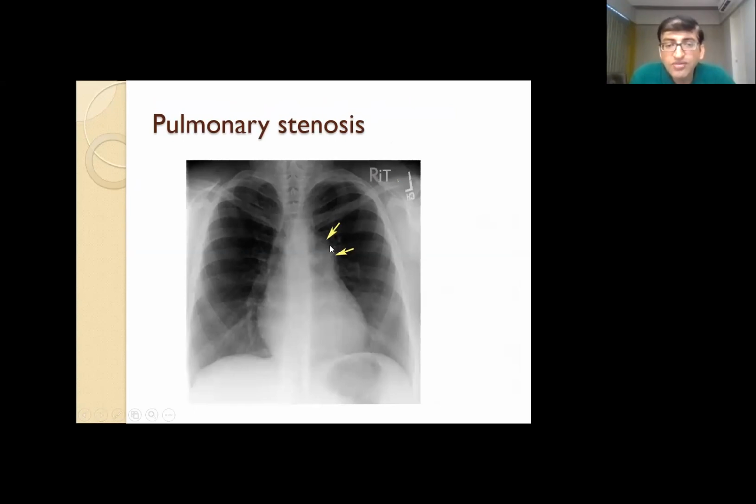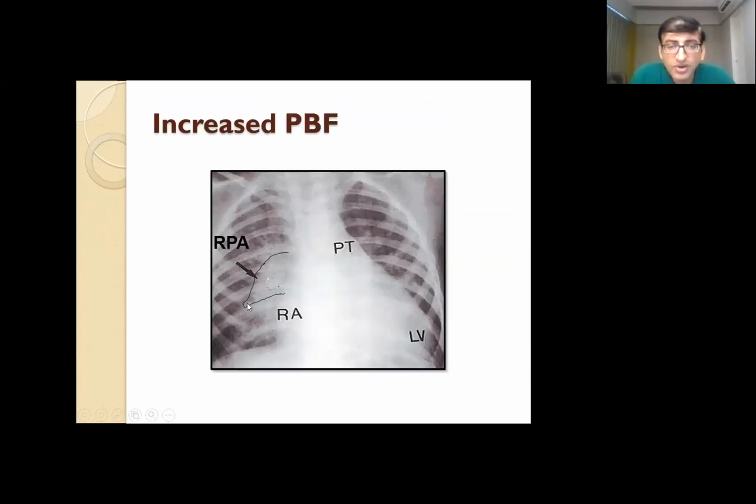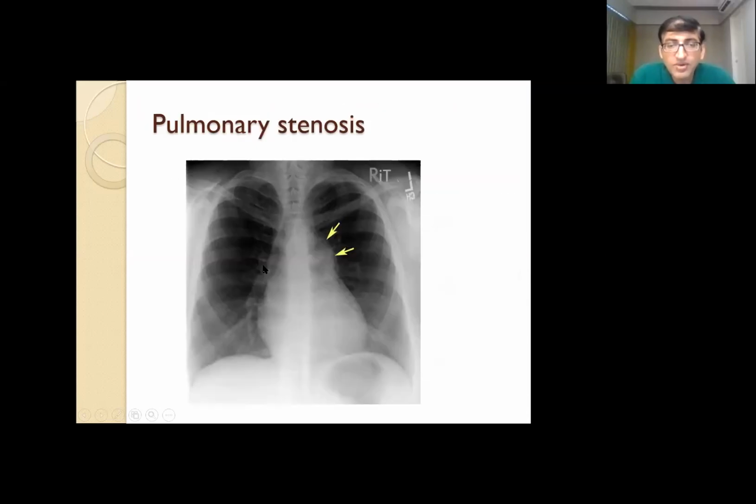Here, the right pulmonary artery is not dilated, but still the main pulmonary artery is dilated with no plethora. So when you have main pulmonary artery dilatation without plethora, this dilatation is more likely because of post-pulmonary valve stenotic dilatation causing dilatation of the main pulmonary artery.